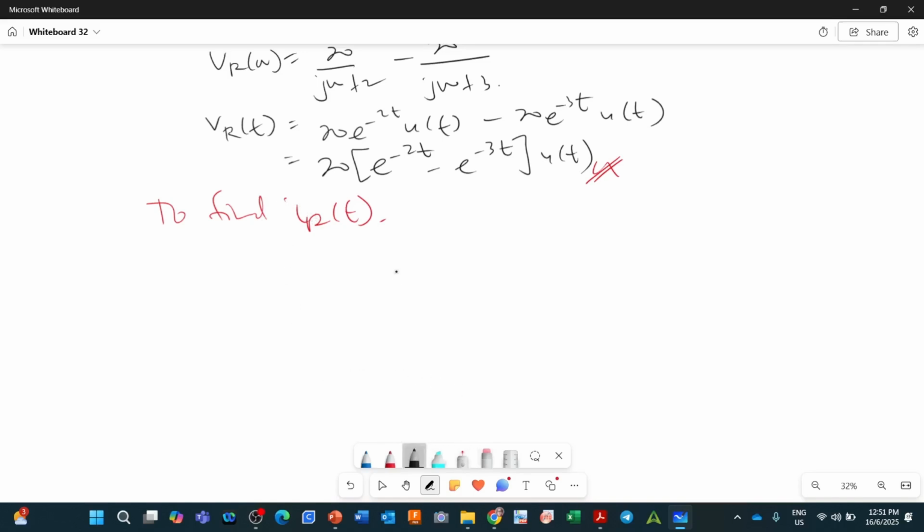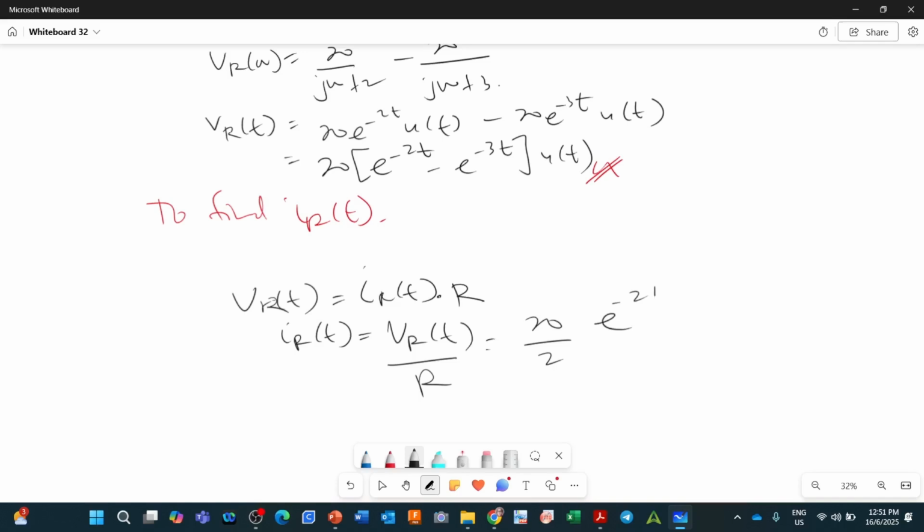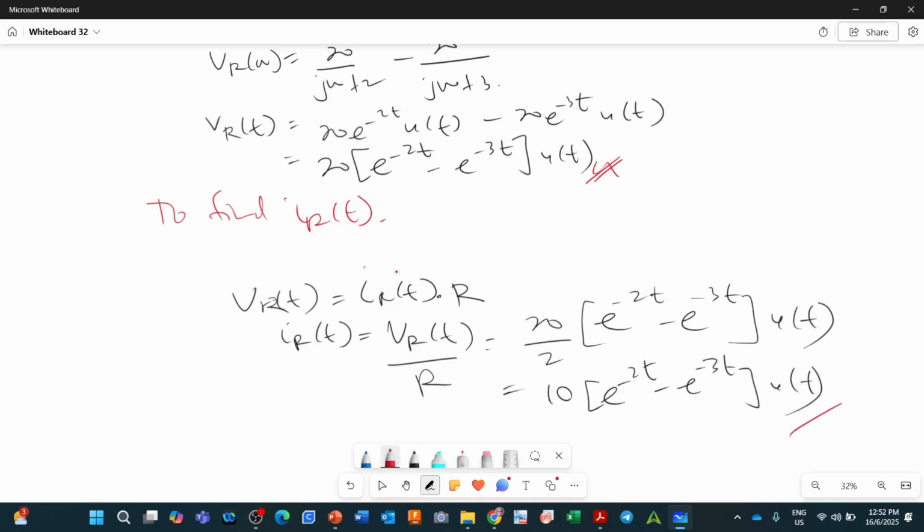Because you are asked in time domain, directly in time domain, vR(t) equals iR(t) times R, so iR(t) equals vR(t) divided by R. vR is above: 20 divided by 2, (e^(-2t) minus e^(-3t)) u(t). So you get 10 (e^(-2t) minus e^(-3t)) u(t). The answer for iR(t).